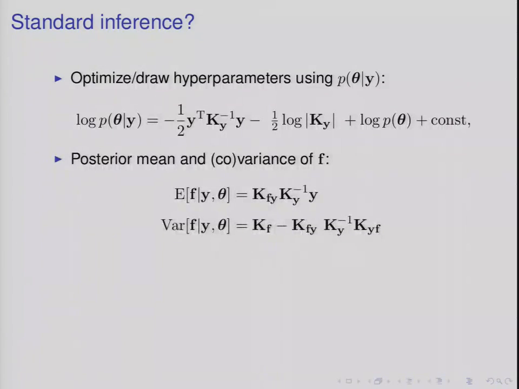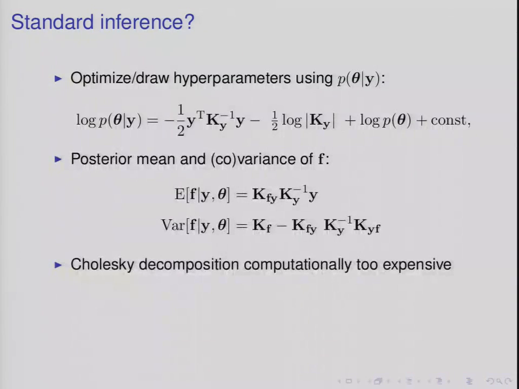And then, to learn the function values, we can, for example, compute the mean and the variances of the function values, maybe the diagonal elements of that covariance matrix. That would be the standard approach, usually. But now that the Cholesky decomposition is computationally too expensive, we cannot compute the log determinant of the covariance matrix.